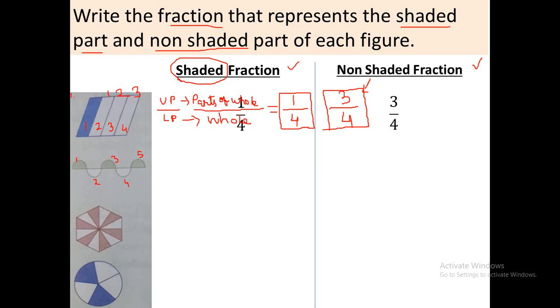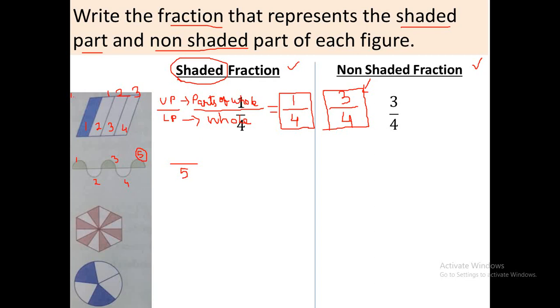So I need to write the shaded fraction first. I know that the lower part shows the whole, and I have counted that there are a total of 5 semicircles. So I will write 5 in the whole part, right?